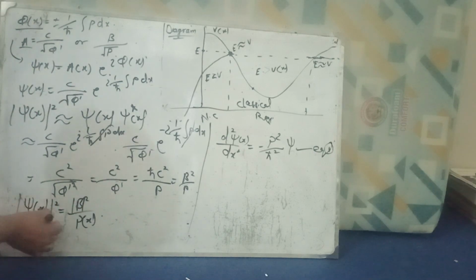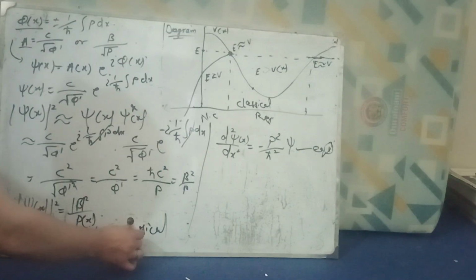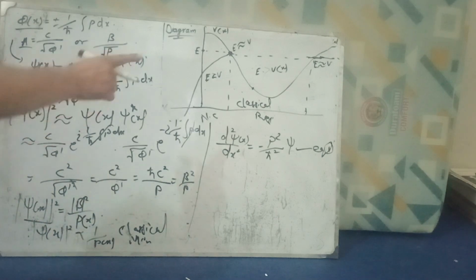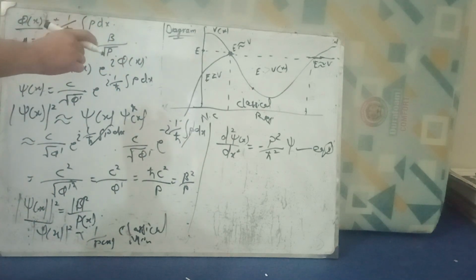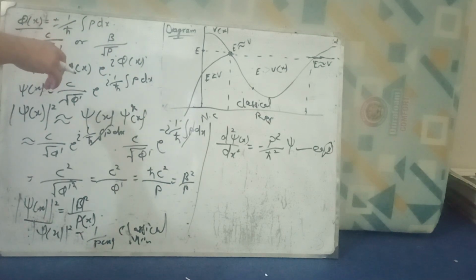It means that the probability of finding the electron is inversely proportional to the classical momentum of the electron. This is inversely proportional to 1 over p of x, the classical momentum. It means that when the particle velocity is high, the momentum will be high, and if the momentum is high, the kinetic energy of that particle will be high.